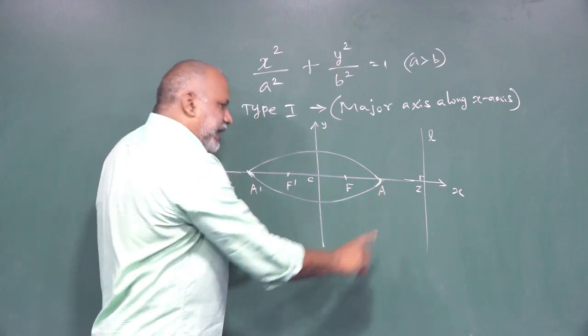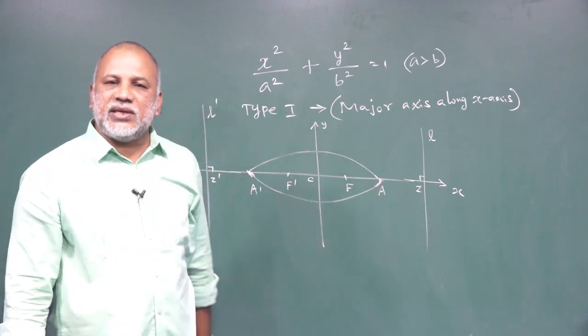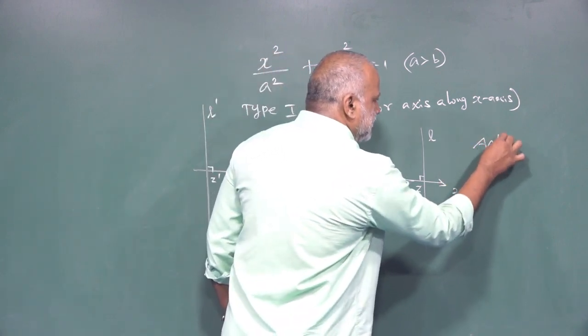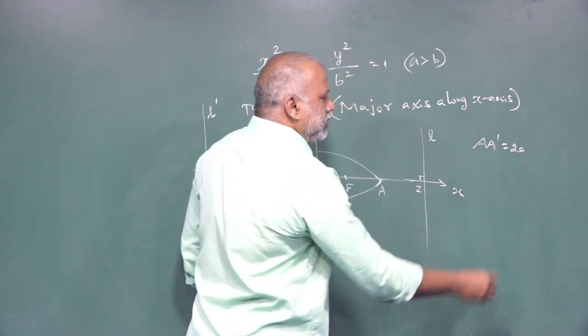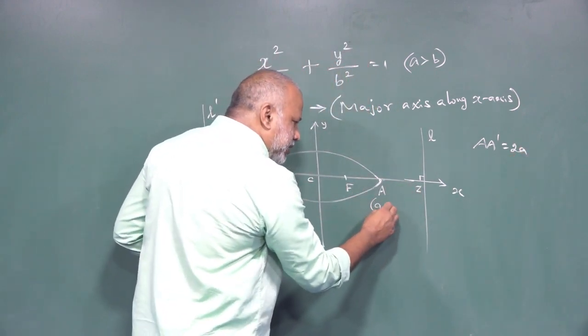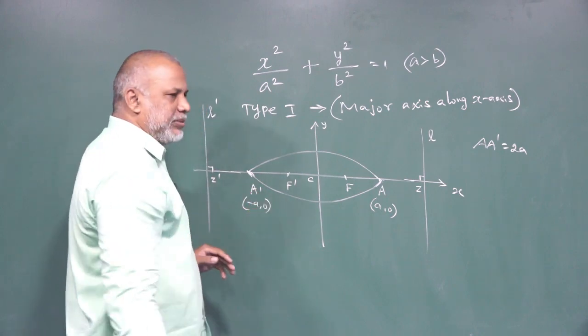This A A dash is called the length of the major axis. Its value is 2a, which we already derived in the previous class. So A A dash equals 2a. A is the point (a, 0), and A dash is automatically (minus a, 0).